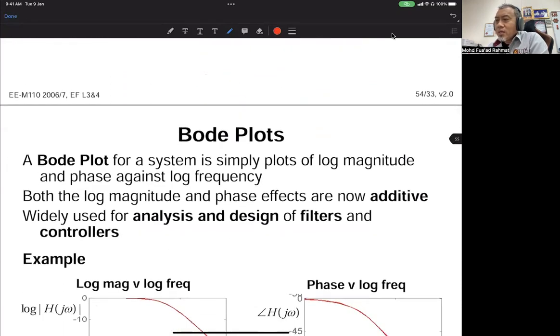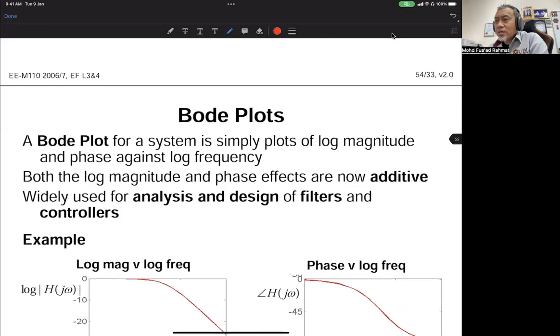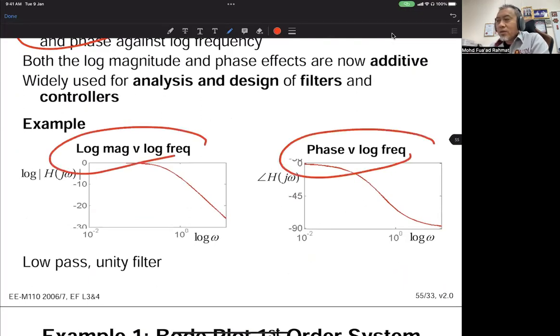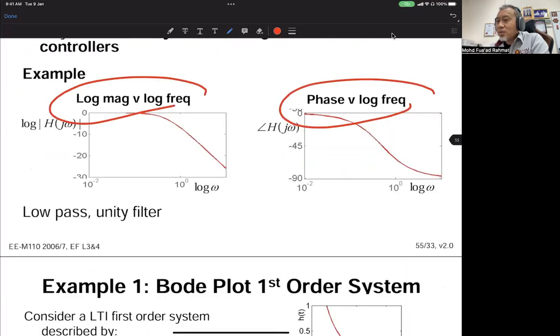But anyway, it is still being used as the pre-testing of the unknown system, and the tool used is the Bode plot. Okay, so I believe that you already learned the Bode plot. It is the log magnitude versus log frequency and the phase in degrees versus log frequency.